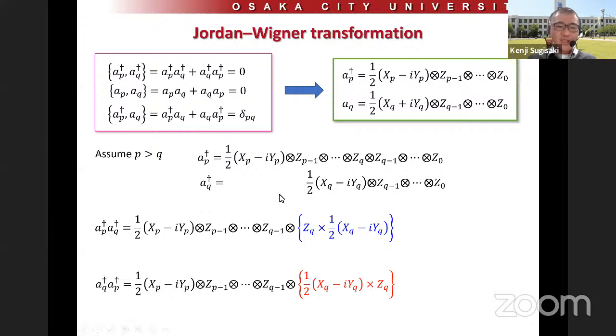So only the Pauli Z operators from q plus 1 to Z p minus 1 will remain. The difference between a_p† a_q and a_q a_p† appears in this operator acting on the q-th qubit.